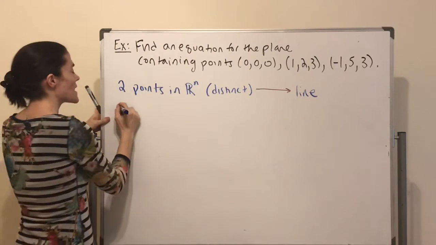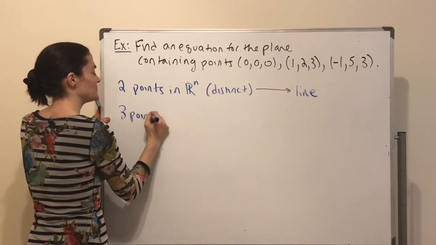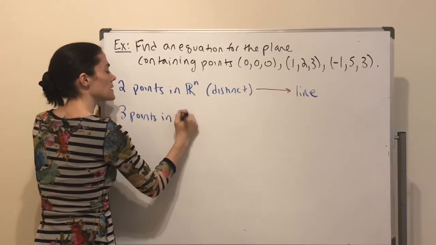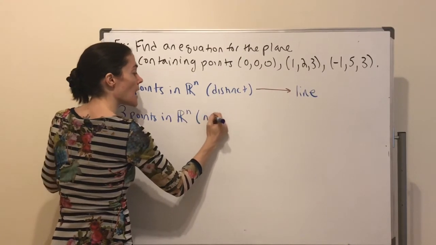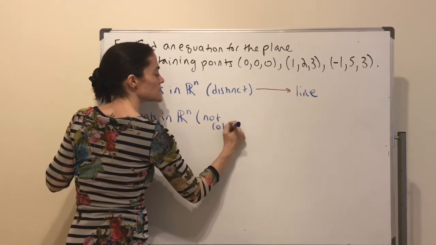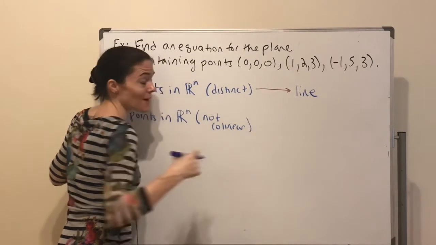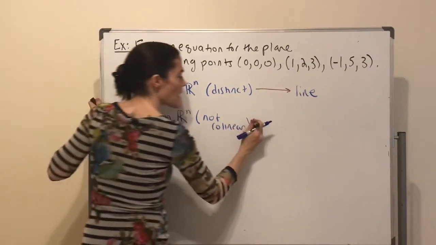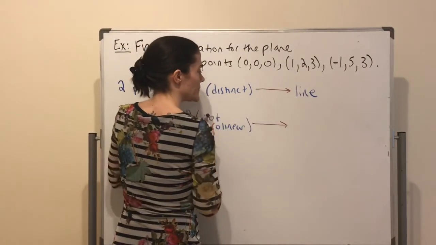If we have 3 points in Rn and I need them to be not collinear, this means they are not all 3 along the same line, then we get a plane.